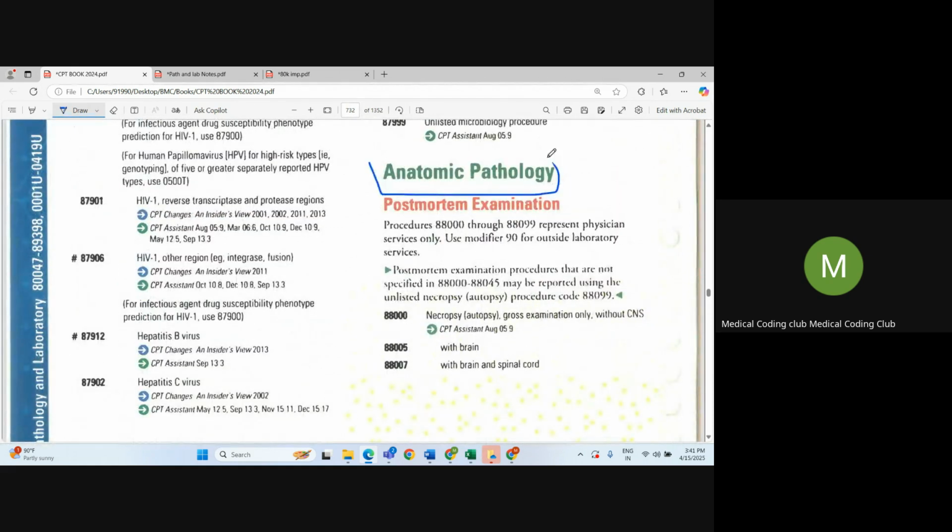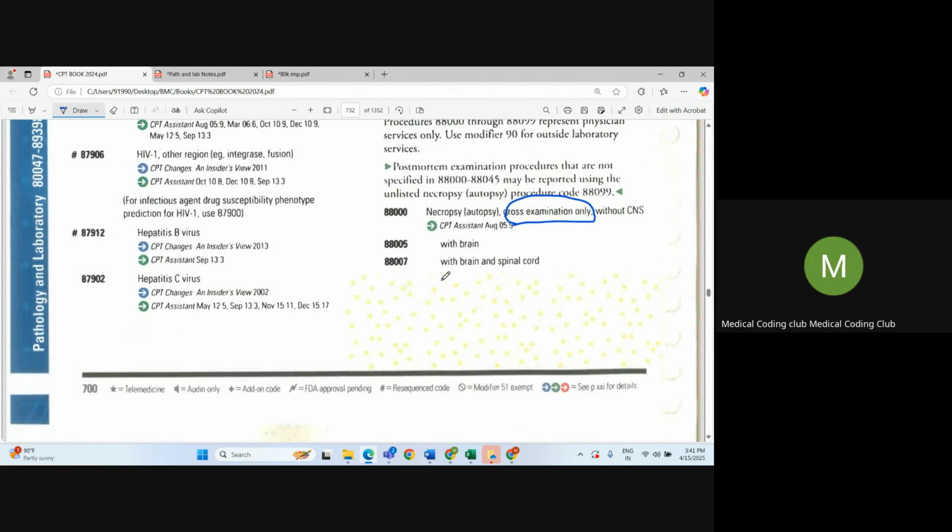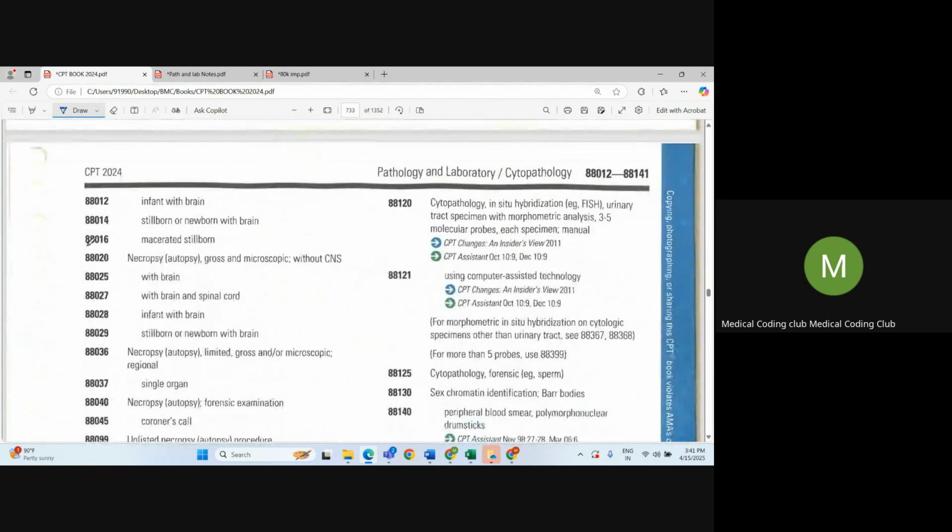So in that, what you have to see, anatomic pathology, post-mortem examination. First set of codes we have only for gross examination. Gross examination means only with optical observation, and they're not utilizing a microscope here. So this is the first code set. And after that, necropsy, autopsy, gross and microscopic examination.